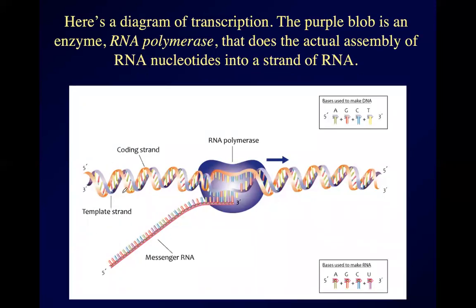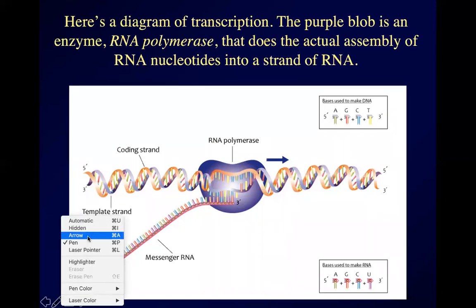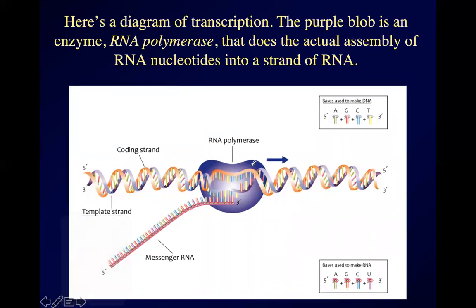And that's a diagram of what it looks like. You can see that DNA is forming our old friend, the double helical structure, and then right here is a zone where that DNA has unzipped and come apart. What's making DNA do this is an enzyme called RNA polymerase.